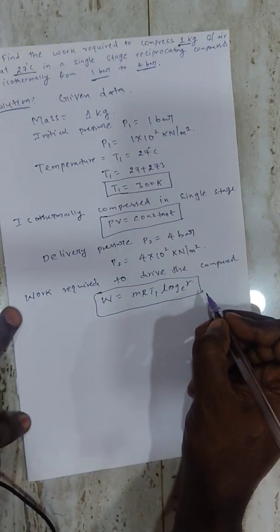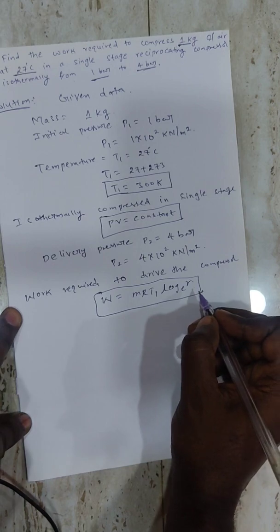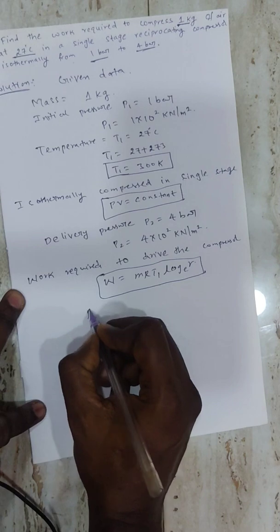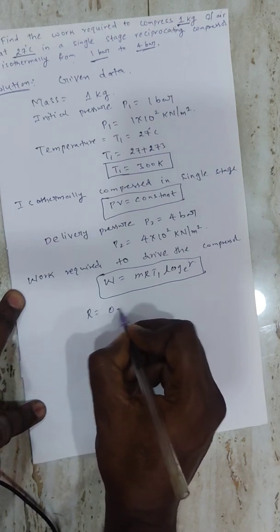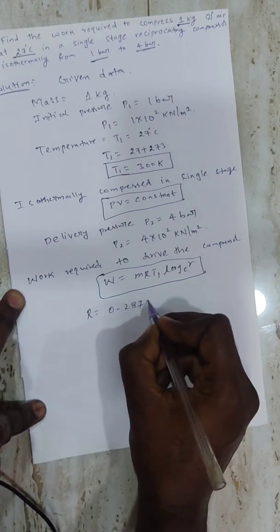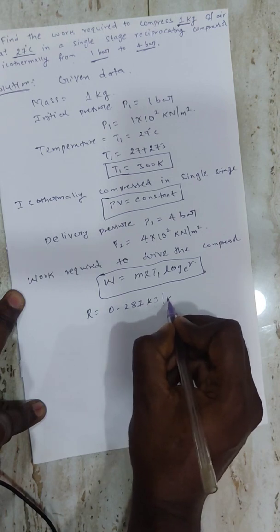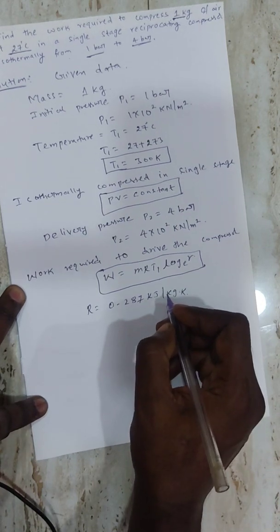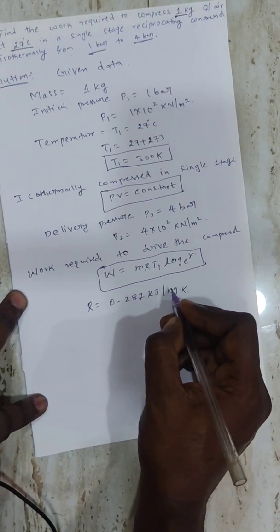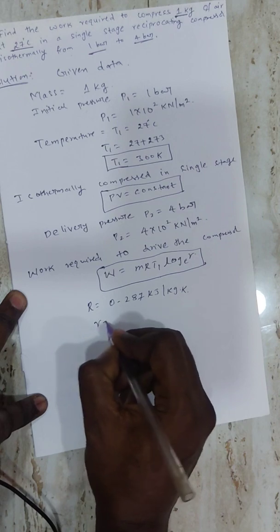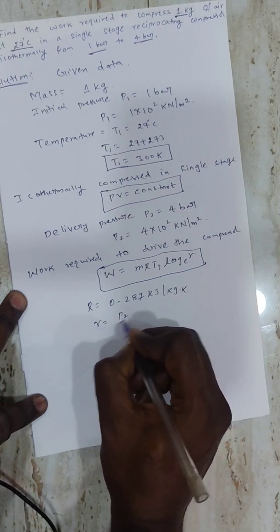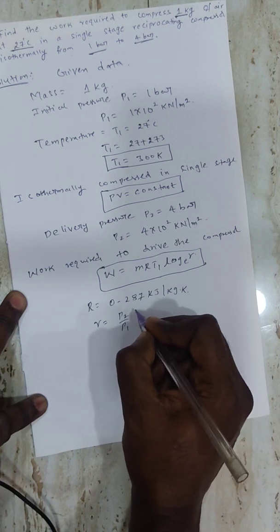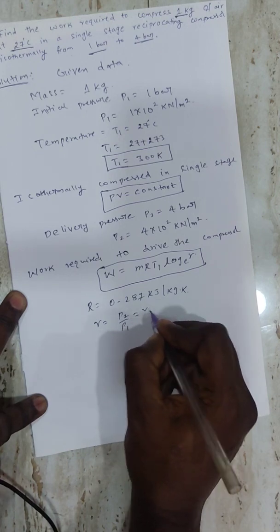What is R? We know the R value: R is equal to 0.287 kilojoule per kg Kelvin. This is capital R. Small r is nothing but P2 by P1, which is equal to V1 by V2.